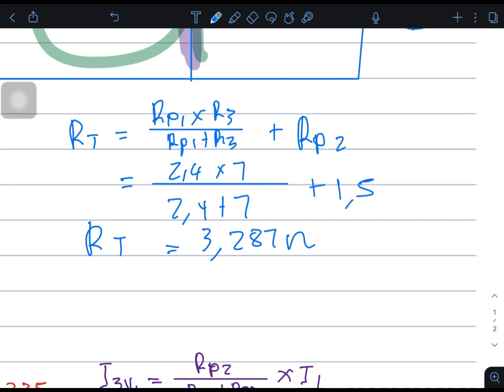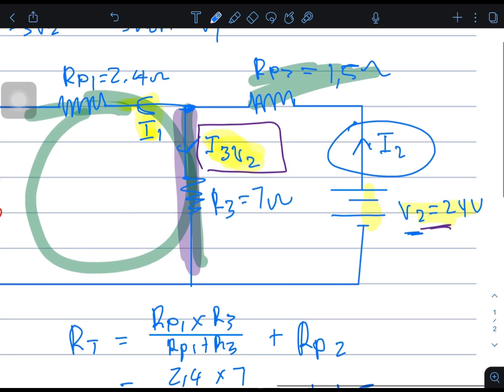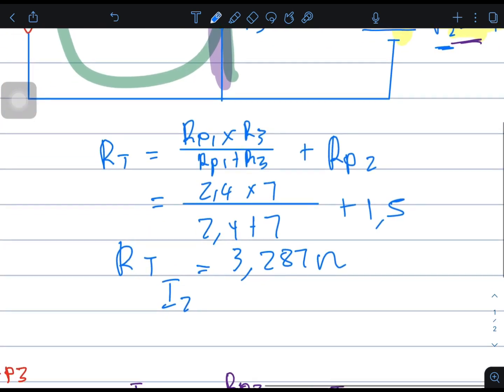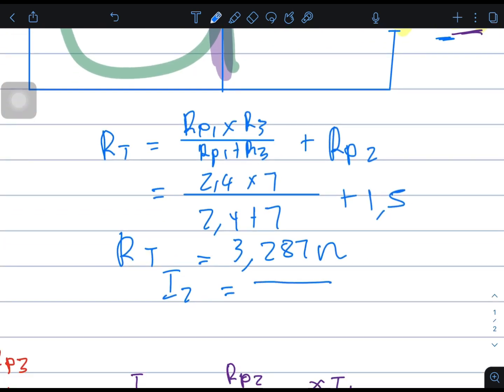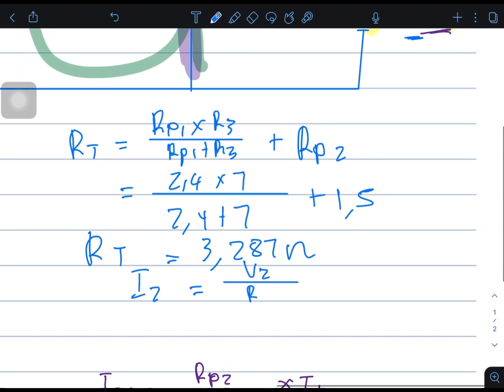Now that we found RT, we are able to calculate the total current, which is I2. The total current in this circuit is I2, which is V2 over RT, which is 24 over 3.287.